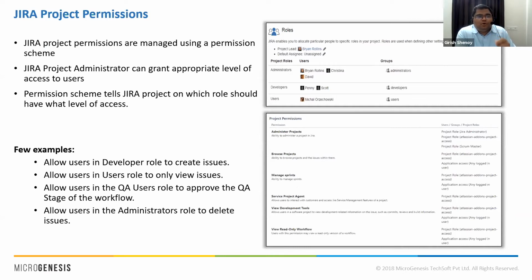There are different roles in the Jira project: a developer role, a QA user role, or just a user role or a visitor role. When we design permissions, in this screenshot you will see the browse project permission, which is nothing but any user who is part of these roles, the application access role, or any logged in user, will automatically have access to all the issues within that project.